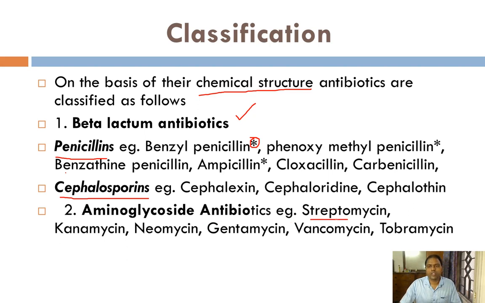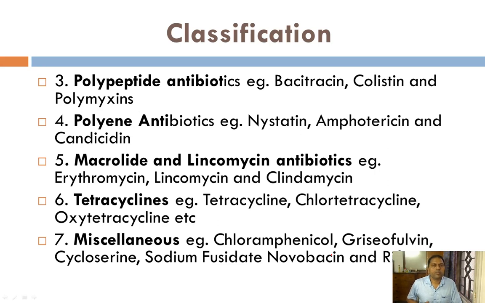The next class is aminoglycoside antibiotics. We have streptomycin, kanamycin, neomycin, gentamicin, vancomycin, and tobramycin. The third one is the polypeptide antibiotics. Examples are bacitracin, colistin, and polymyxin. The next class is polyene antibiotics. Examples: nystatin, amphotericin, and candicidin. The next is macrolide and lincomycin antibiotics.